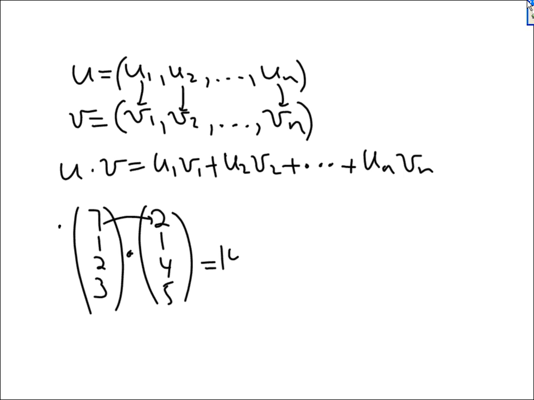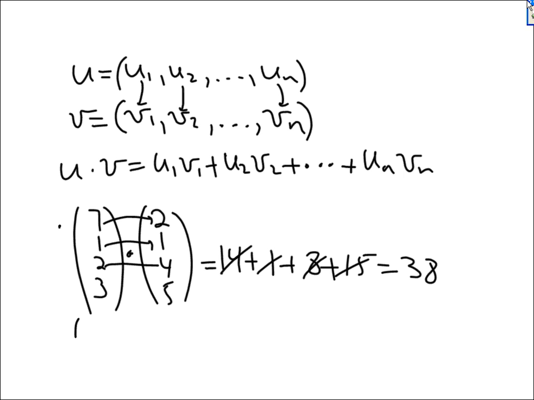You multiply the first values, the second values, the third values, and then the last values. This is 15 plus another 15 is 30, plus 8 is 38. Now, of course, you can absolutely have done it horizontally.